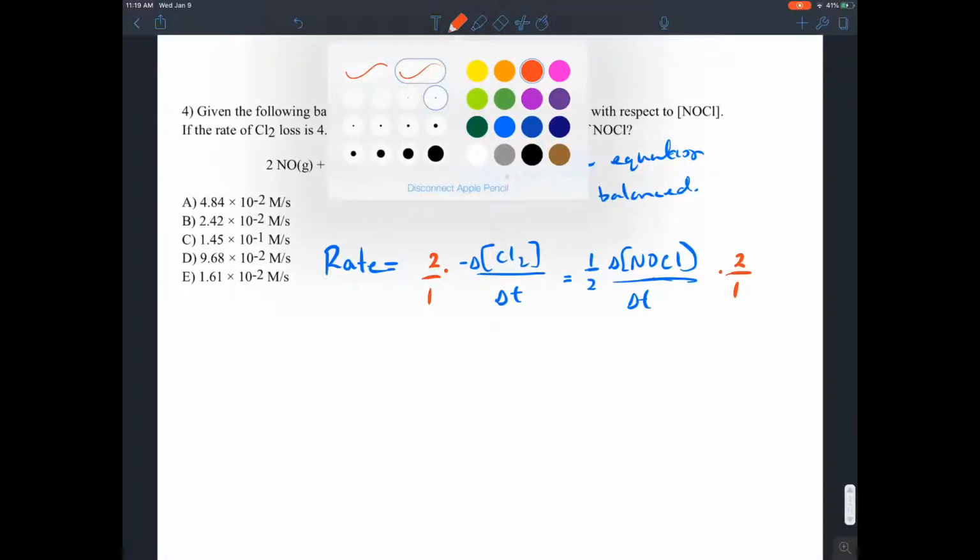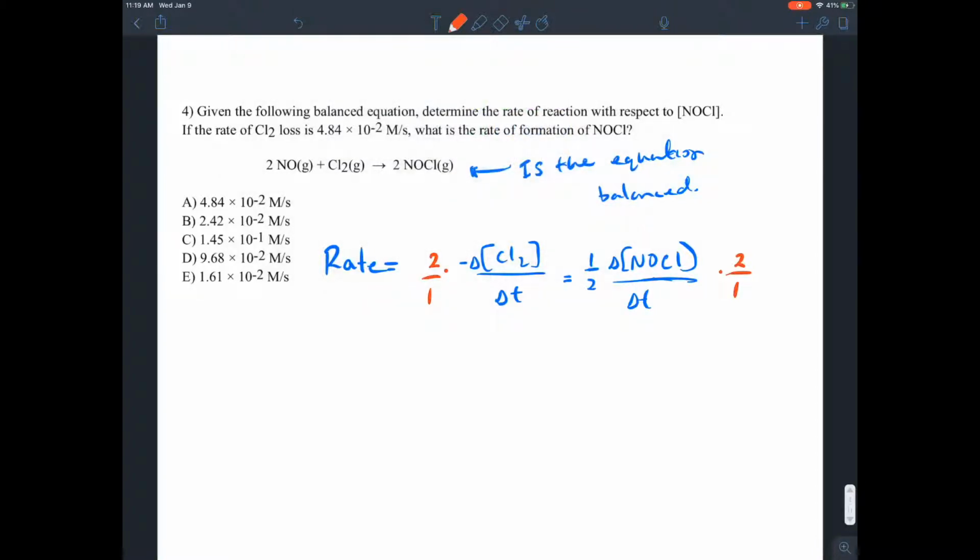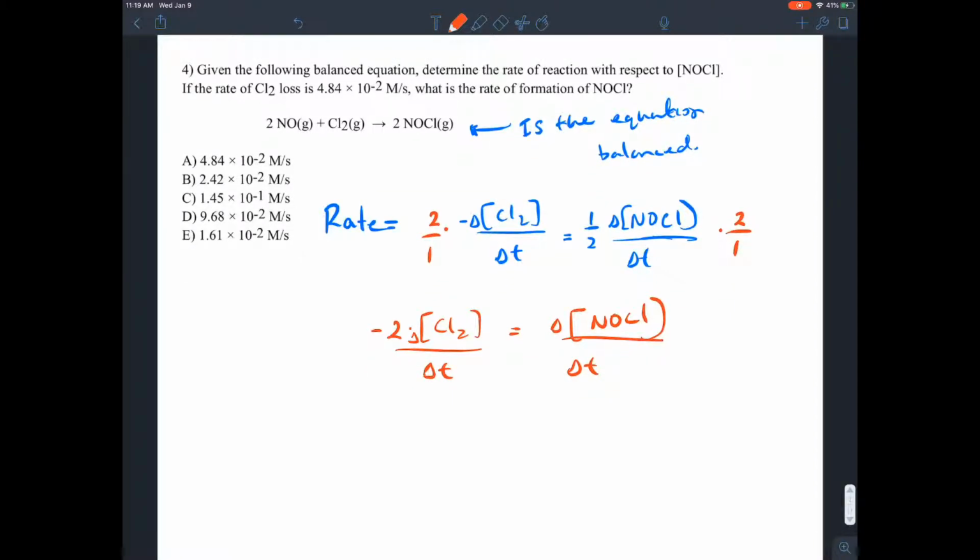And when we do that, we're left with a new equation, which is negative 2 times delta Cl2 over delta T is equal to the delta NOCl over delta T. So really all this is saying is that we should multiply the rate of loss of our Cl2 by 2, and we'll be able to determine the rate of formation of NOCl.